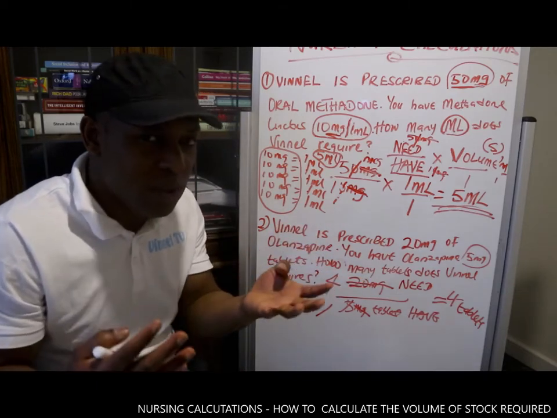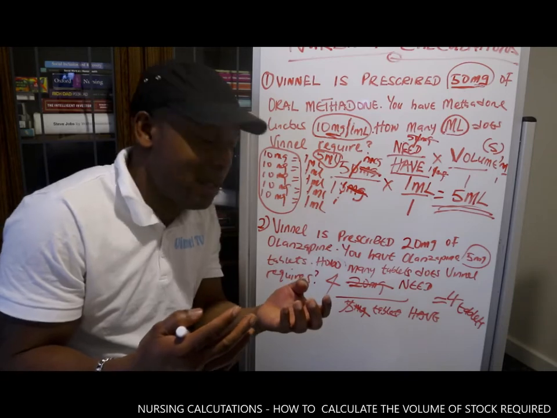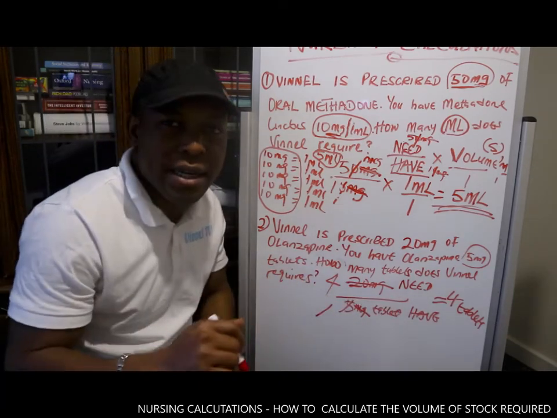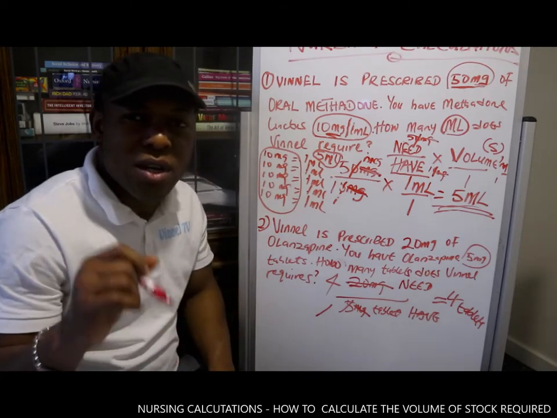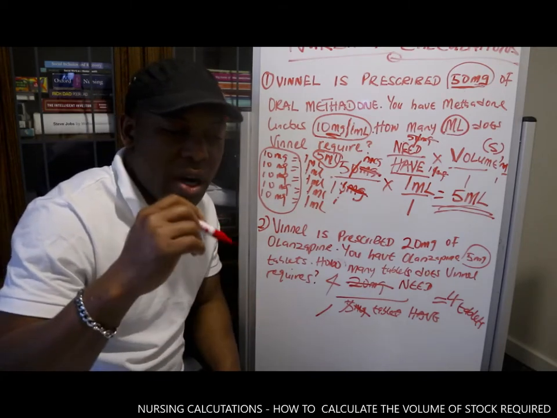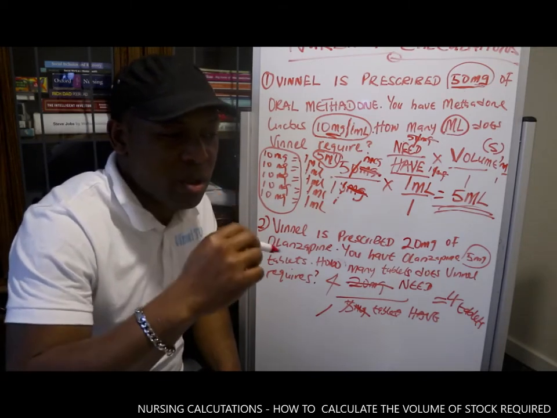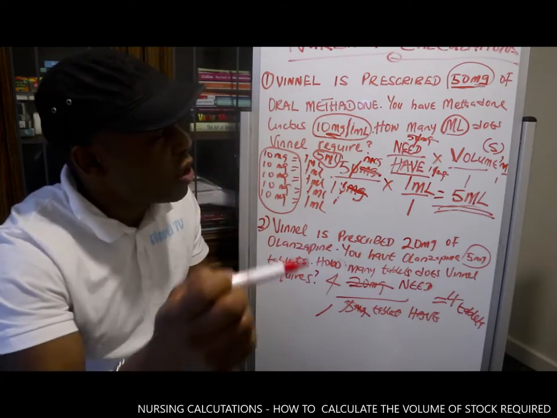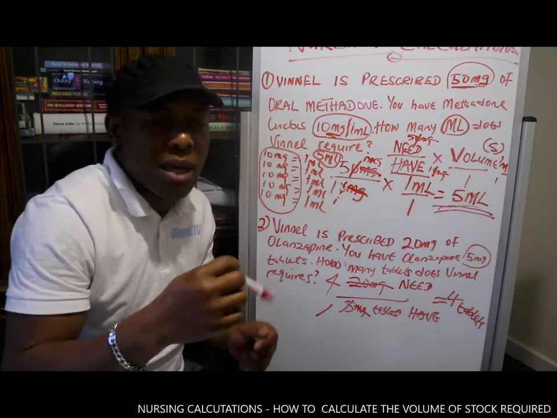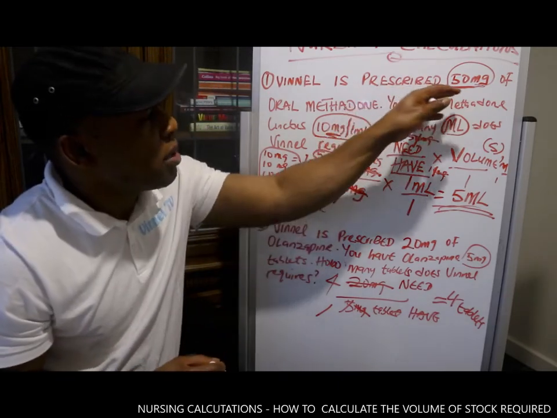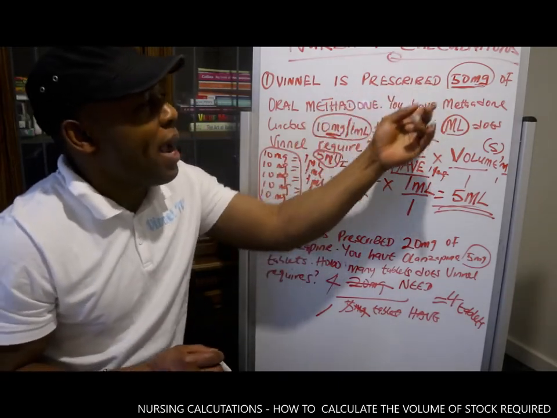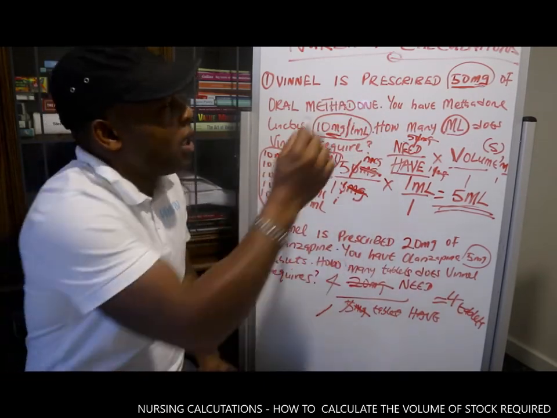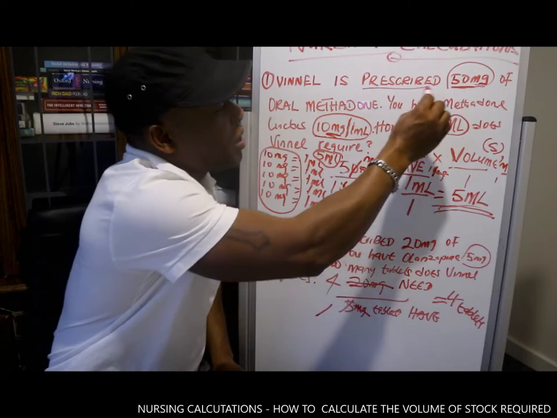So it's just a question of trying to understand it, but you need to understand this formula. You need to understand need over have. Whatever they ask you, whether they say Joe Block requires or Joe Block is prescribed, it's the same thing, it is the need.